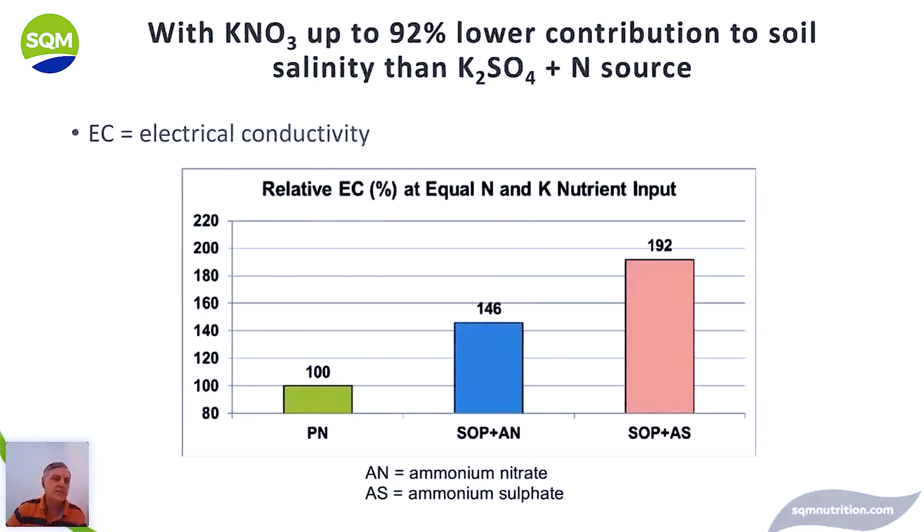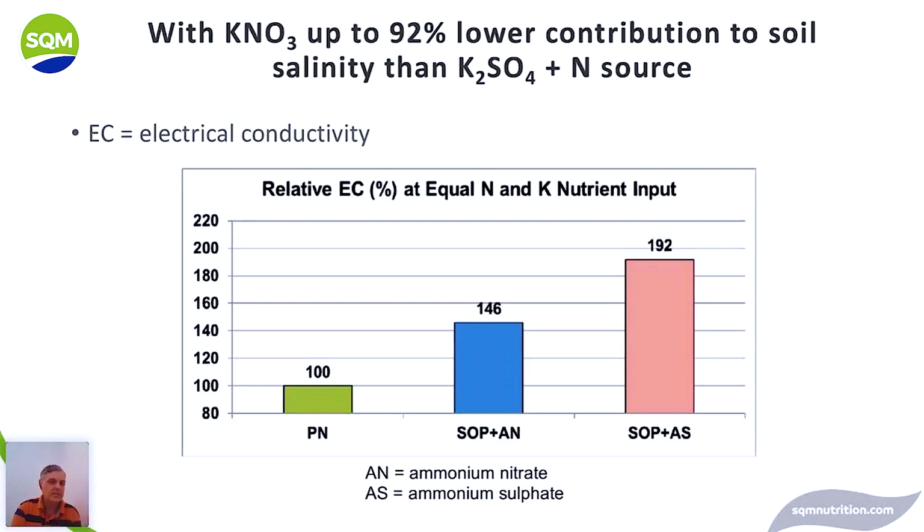An example of this: if you take the electrical conductivity, the EC, of straight potassium nitrate as a standard. So let's consider 100% or 100 as the standard EC of potassium nitrate, which supplies 13.30% of nitrogen, 46% of potassium.